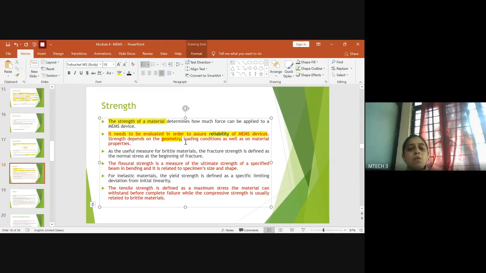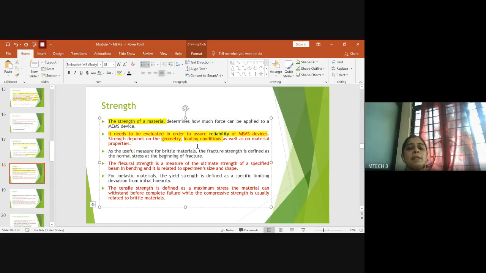The second thing is the loading condition: the amount of load subjected on the device and the conditions in which the load is applied to the device. These two are the main parameters which tell you about the strength of the given material.